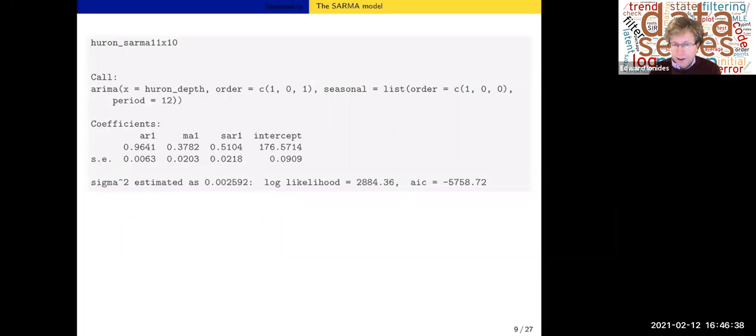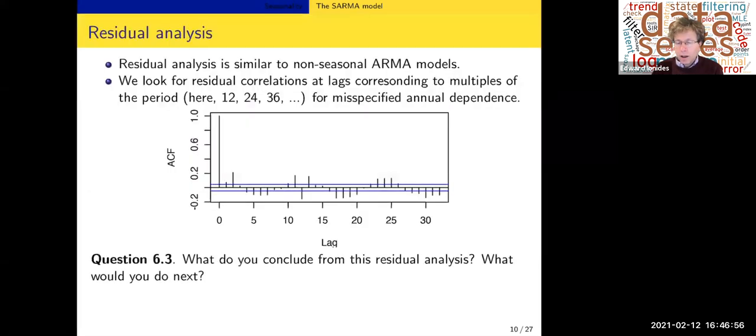And here is the fitted model. We have SAR for the seasonal AR1. Maybe there's not so much to say about this until we could compare it to other alternative models, or we could do residual analysis. Well, here we have a residual analysis.